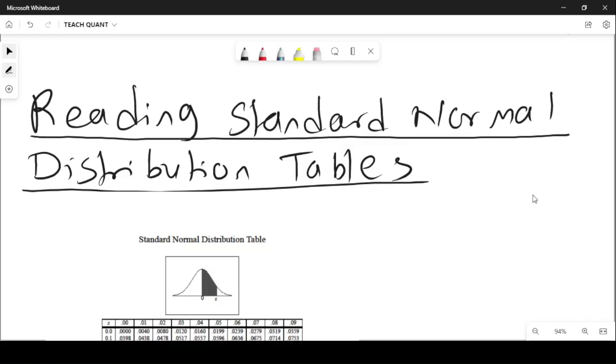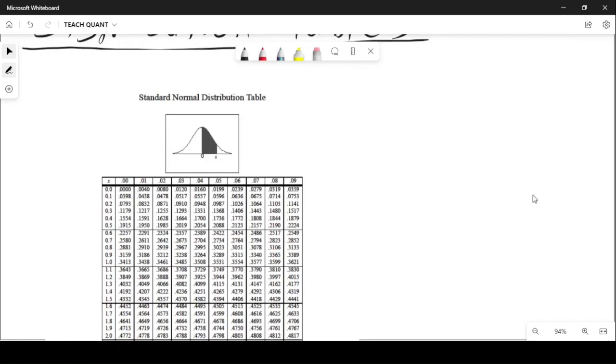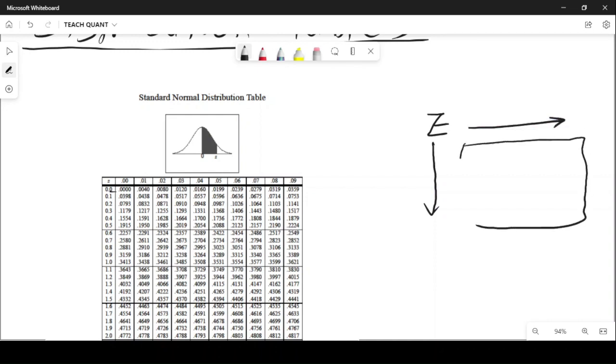Now I want to see how we can read the standard normal distribution tables. And this is the table that I want to use. There are so many others out there, but today I want to spend a bit of time looking at how to read through this. So when you look at it, you see that there is a z here, and there are values below it, and values going sideways, and then in between we have more values.